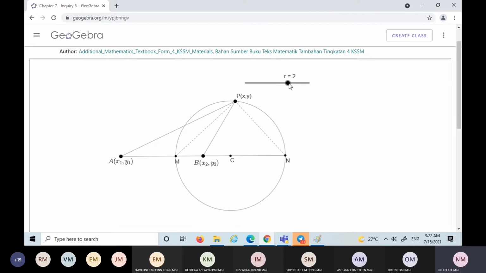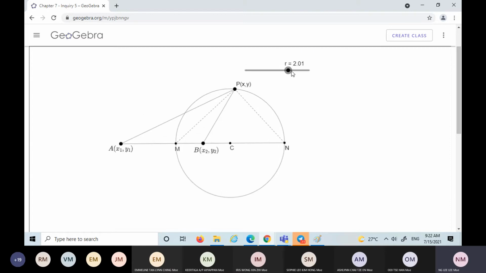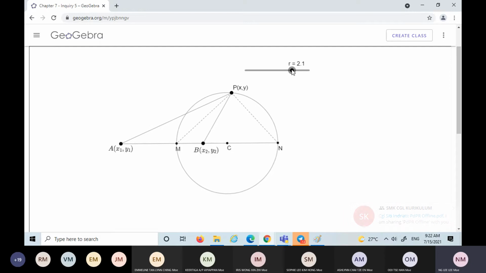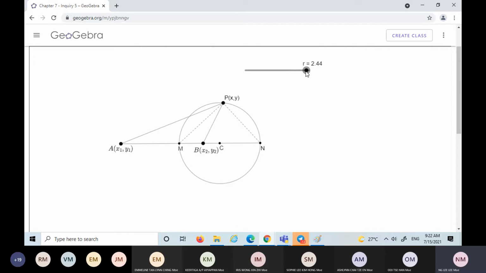If the ratio is different, what will happen? See, now this is 2.01. The ratio now is 2.01. I drag it to the right, so the ratio becomes bigger and bigger.